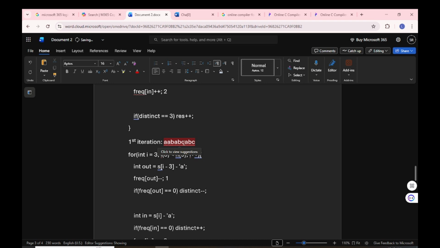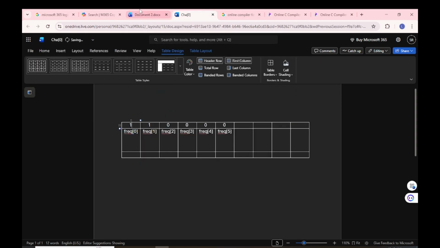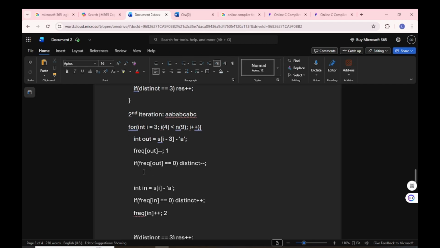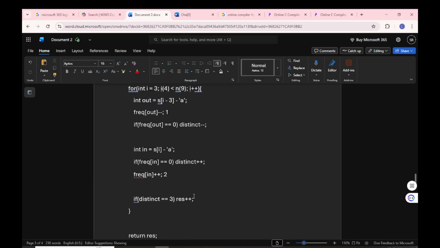Okay, so now second iteration, i would be 4. So 4 minus 3 would be 1. 1 is this a, right? So frequency out minus minus, that means this would be 1 again, right? If it's 0, distinct minus minus, this is not 0.